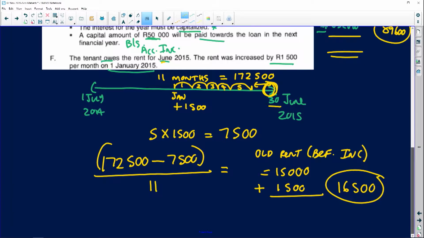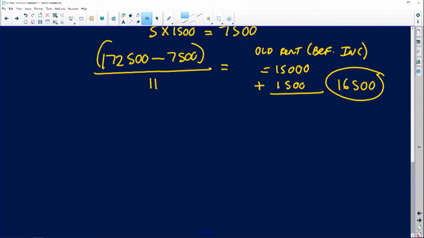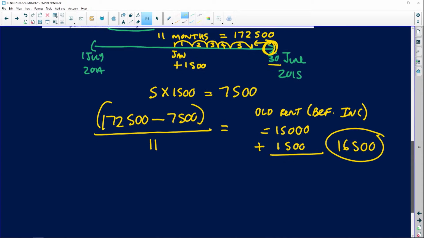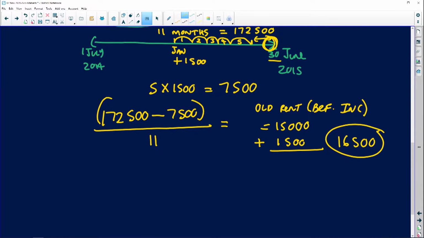right? But remember guys, nothing stops you from letting the rent equal to X and simply solving for X. Okay, so even if you do that, absolutely fine. So when I say let the rent equal to X, remember, for the first 6 months, from the 1st of July until the 1st of Jan, we can quickly make sure it is 6 months. So July, August, September, October, November, December. So 1, 2, 3, 4, 5, 6.